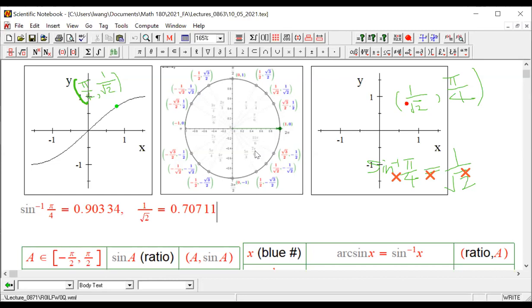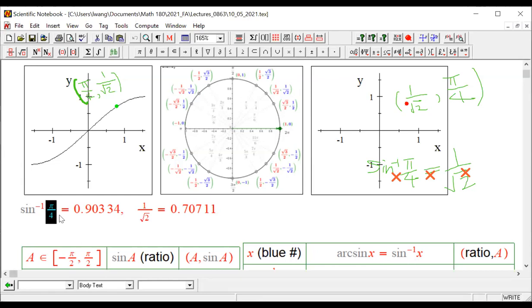Well, when the sine inverse function is called on your calculator or whatever machine, the first thing the program is going to do is check your input. If your input is between -1 and 1, right? The ratio has to be between -1 and 1. That's the domain for arcsine.